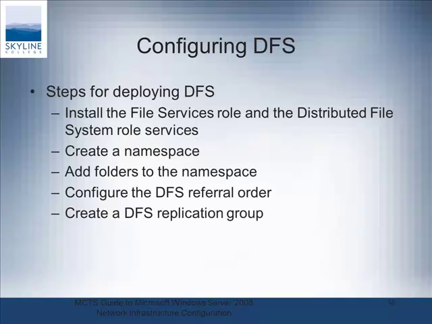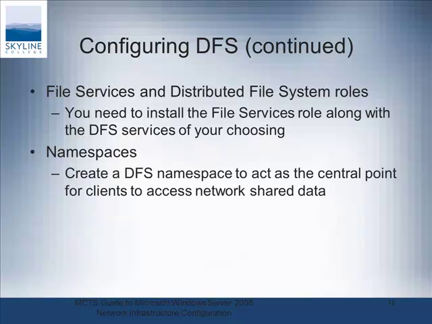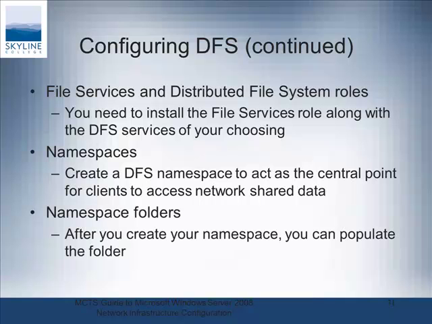Configuring, add the folders, and they've got this in the book, the step-by-step of what you're going to do when you actually do this. Install the file services role along with the DFS service of your choosing. When you do that, go ahead and put FSRM on it when you install the service. The namespace: create a DFS namespace, which acts as a central point for the clients to access the shared information.